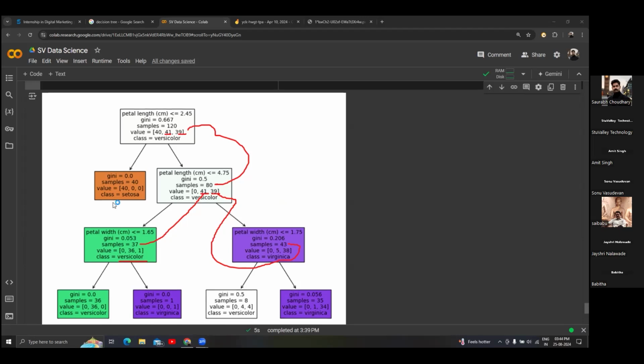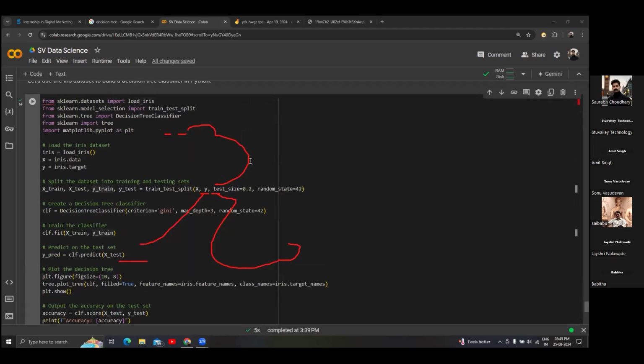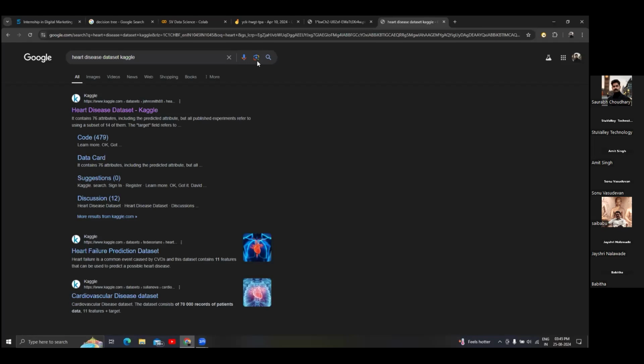Okay, data is in front of you, code is in front of you. I'm giving you one data, which is heart disease data.